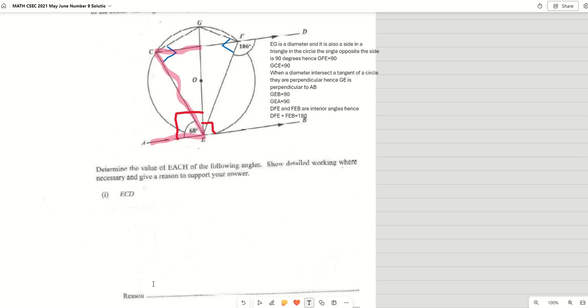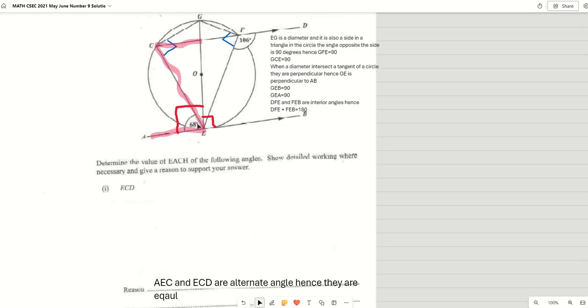So angle AEC and the angle they asked you, ECD, are alternate angles, hence they are equal.